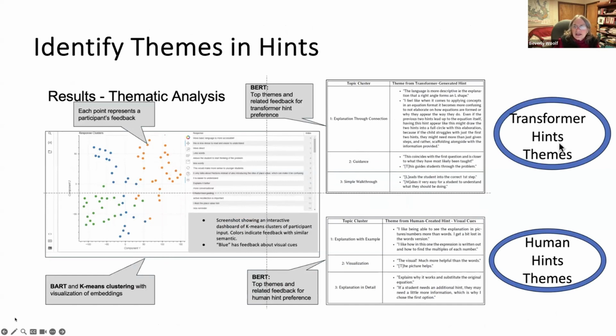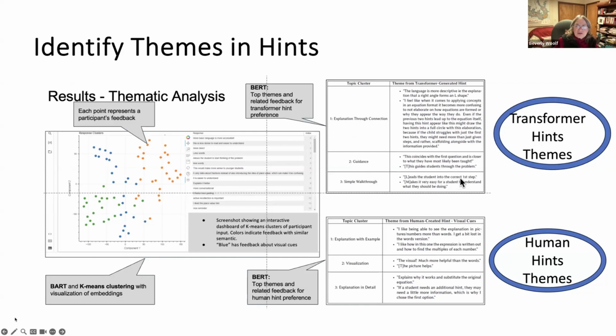When the transformer hints were analyzed by humans, the teacher said the language is more descriptive, the explanation of the right angle. I feel like when it comes to applying concepts, even if the previous 2 hints led up to the equation itself, having this hint appear like this might draw the student along. Anyway, it seems like the transformer was giving more explanation, more guidance, and also gave simple walkthroughs.